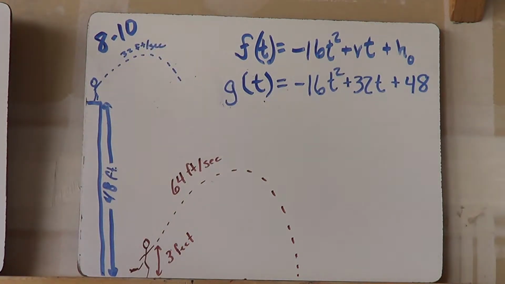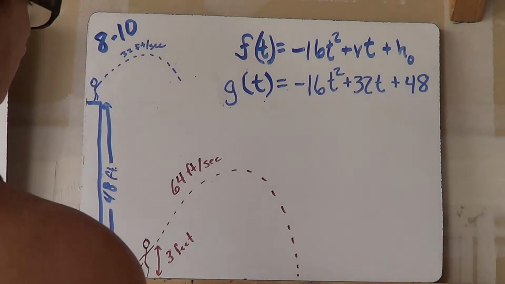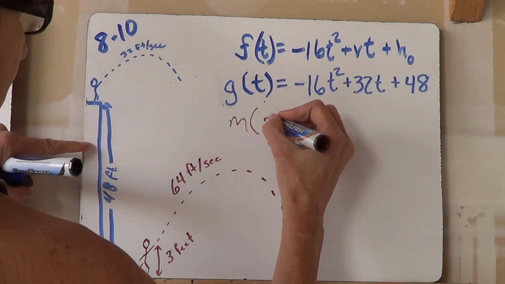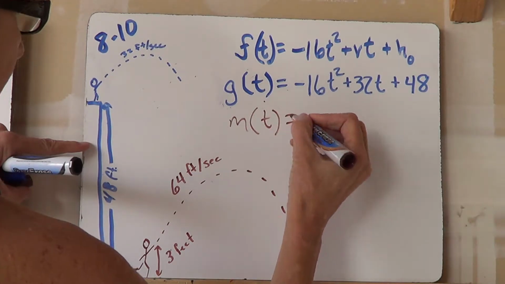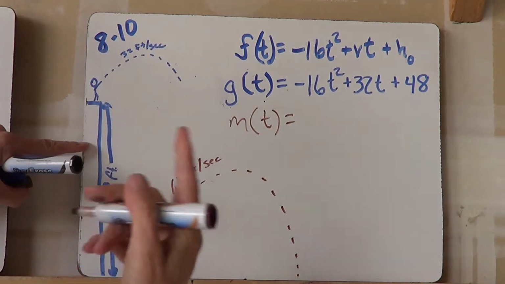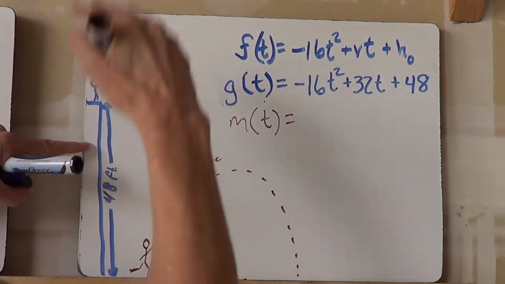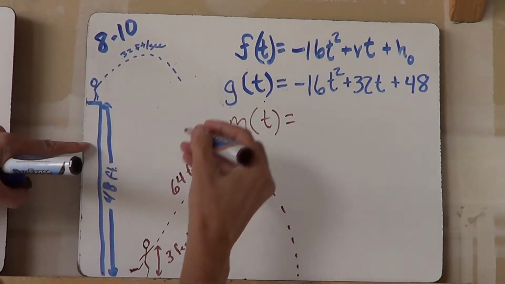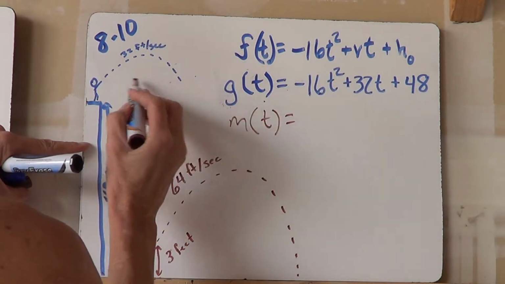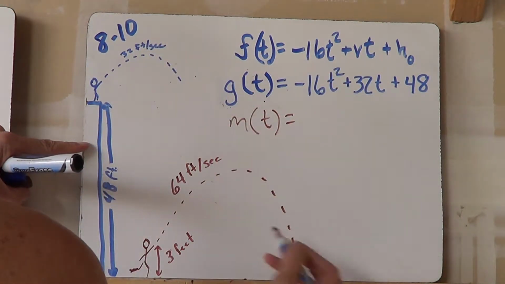For the other situation, let's call it m of t, it doesn't matter. Typically the reason we make it f of t is usually not just function, but oftentimes we think of the feet. But it's important that you distinguish that you're talking about a different equation. So this one matches to this scenario.